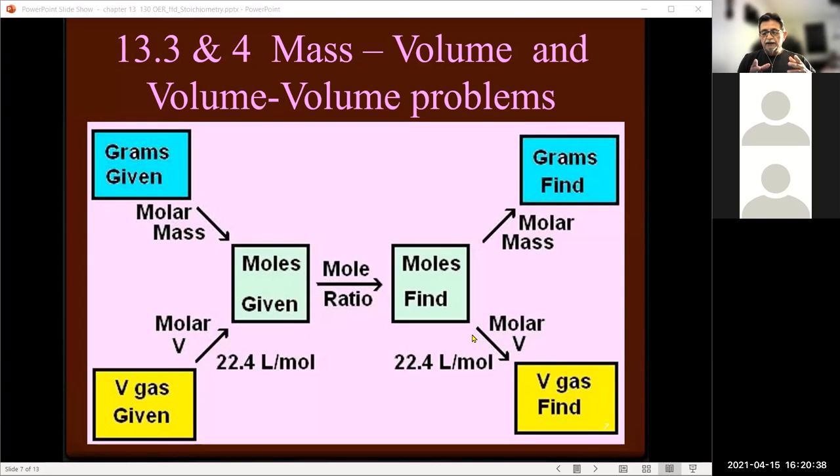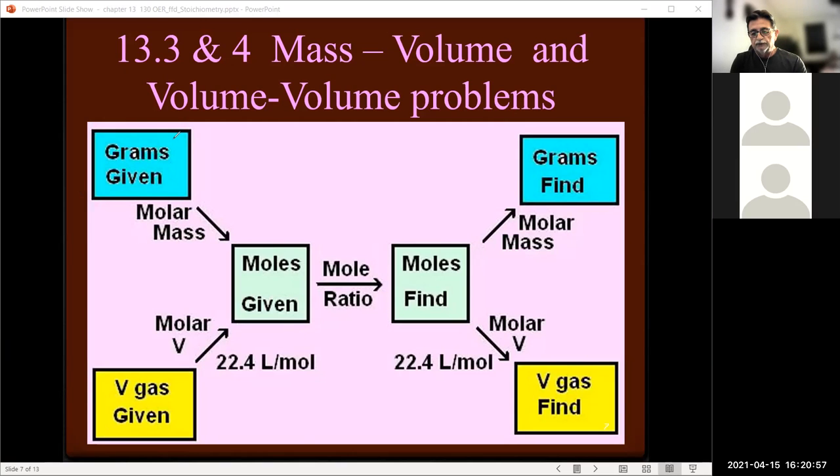All right. And then again, the molar mass is a ratio of grams per mole when we're trying to find the grams of what we're looking for. But the point is use this flow chart to help you get through these type of problems.